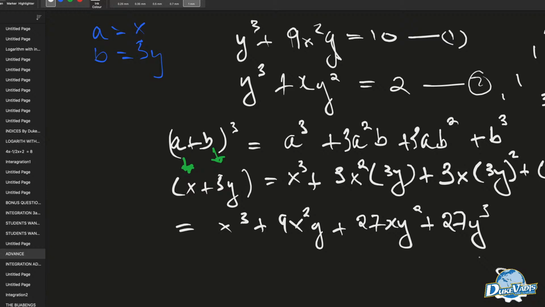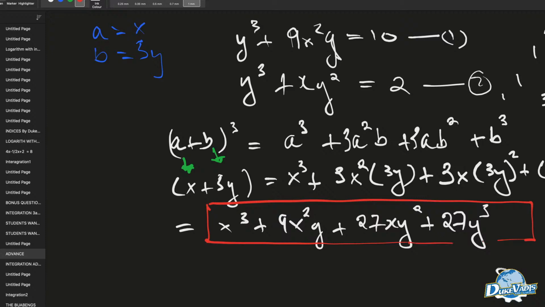So if we look at this equation, let me circle or underline it. If you look at this equation very well, you will see that there's a certain kind of resemblance. So what I'm going to say is, let's multiply equation 2 by 27.